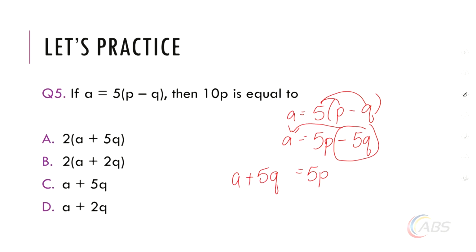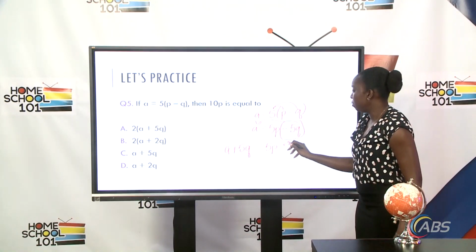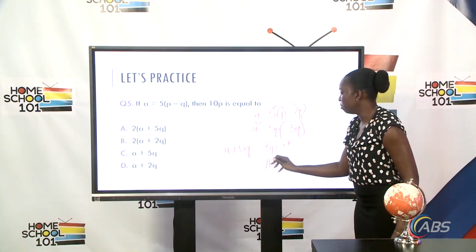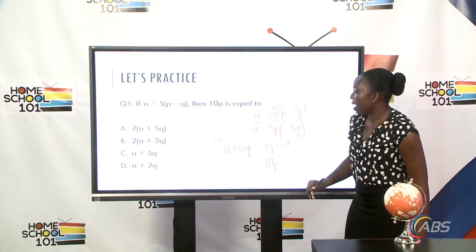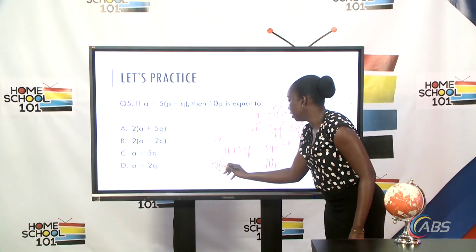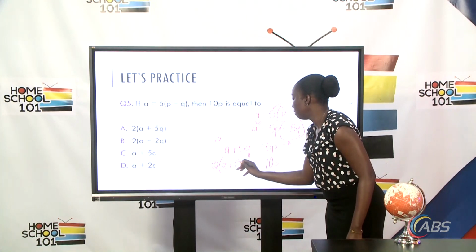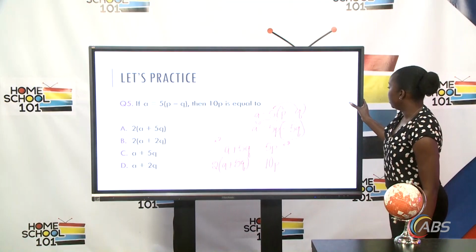How am I going to change this to a 10P? I would simply multiply by 2. So if I multiply by 2 here, I finally get my 10P. And if I multiply by 2 here, I will get 2 times A plus 5Q. Right, so our answer there is A.